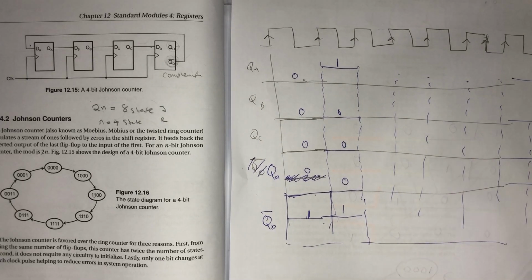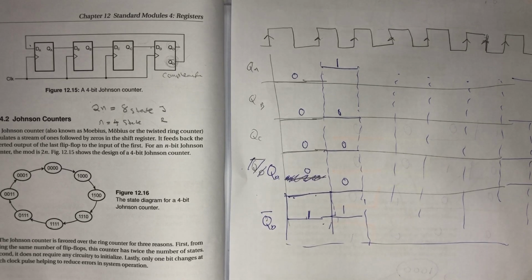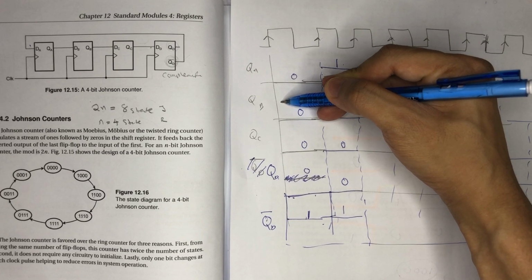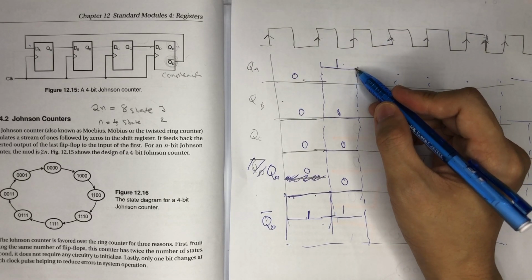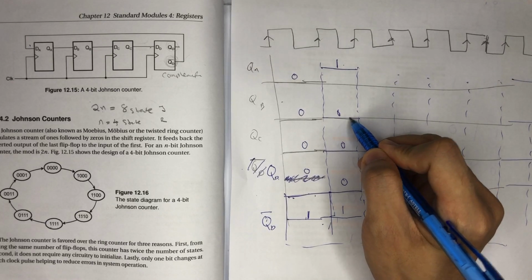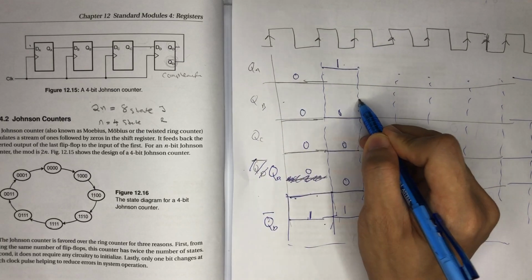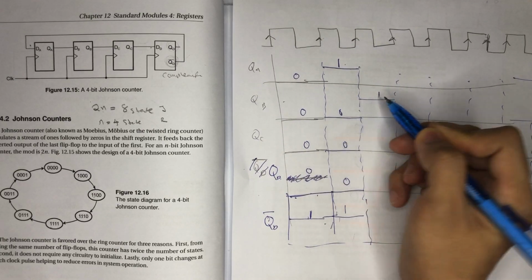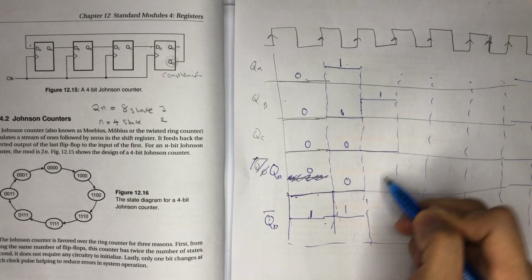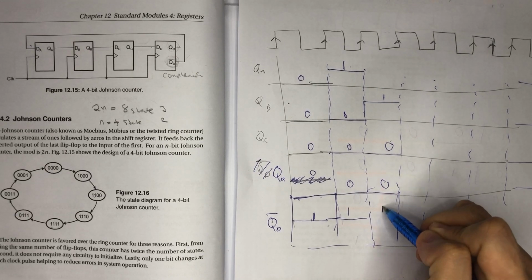Then at the next rising edge, this output will be the input of the next flip-flop QB. So that's why at the third rising edge, this QB will have a 1, but the rest is still 0. However, QD bar is always still 1 here.